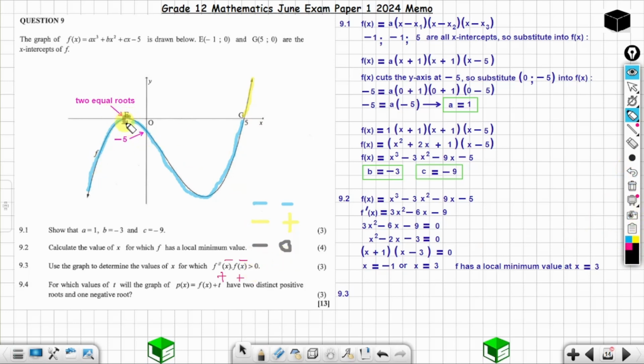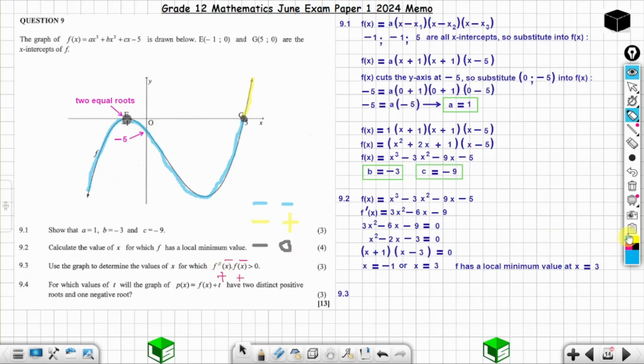At the x-intercept, f is 0. Now f double prime.